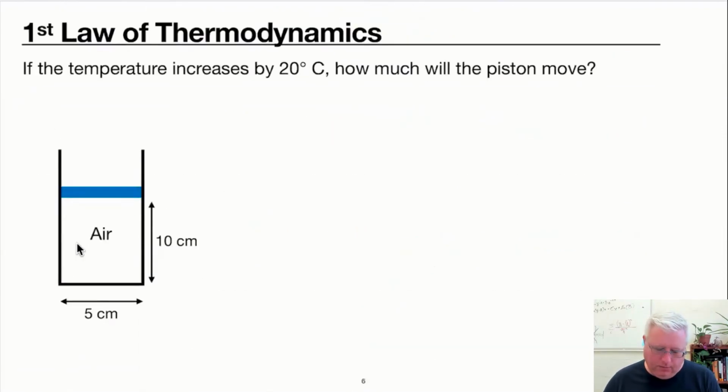Now, how about if the temperature increases by 20 degrees Celsius, how much will the piston move? Okay. So now we can apply, remember, we have a constant pressure process. And we can apply what we learned before.